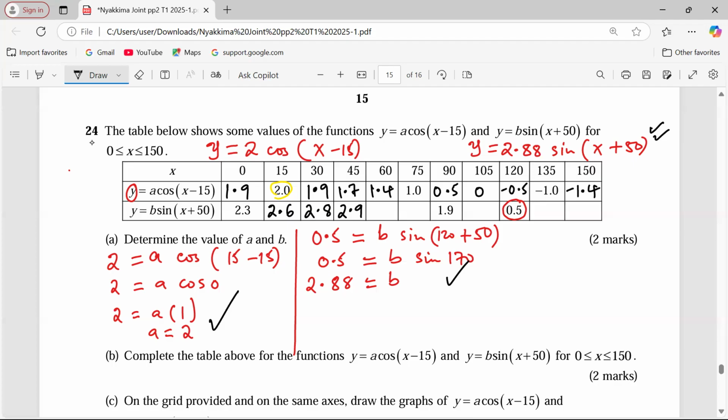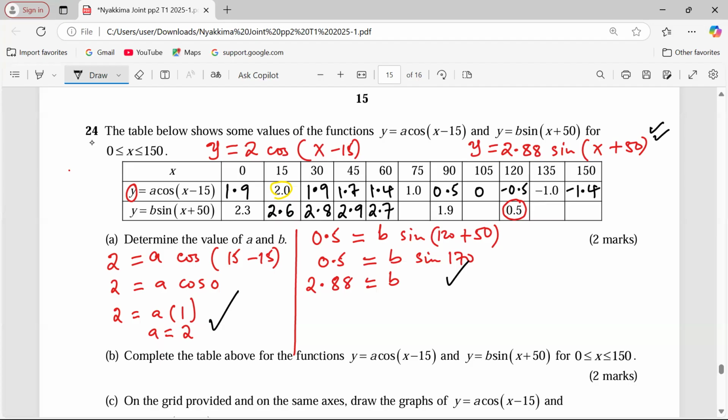Remember, I'm just feeding into my calculator the functions. The value of x is being read from the table. The others are all constants. So in the next value, I'll be writing 2.88, then sine, I open brackets. The value of x is 60 plus 50. So now I'm getting 2.7.